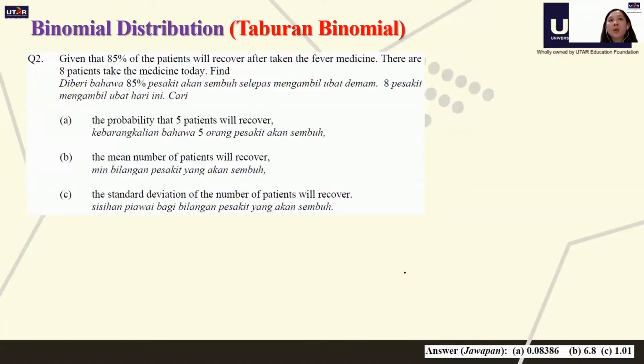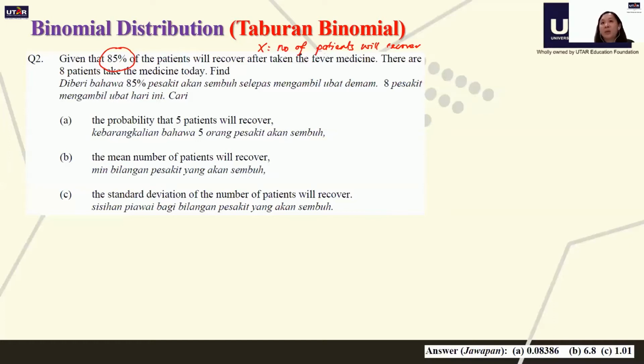So in question 2, we are given that 85% of the patients will recover after taking the fever medicine. I will let X represent my notation here later, so I have to label what my X is first. For example, let X be the number of patients who recover after taking the medicines.